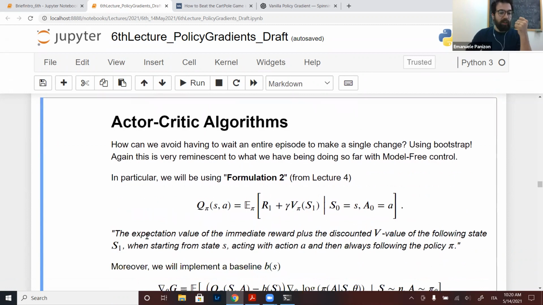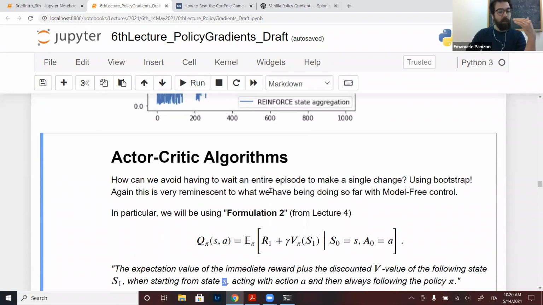Essentially, the expectation value of Q is just the immediate reward plus the discounted V value of the following state, when I start from a state and act following the policy. So for actor-critic, we need to estimate the quality. We will need some way to store, approximate and estimate also the value at the next state, and the information we have at a given time on this value will be bootstrapped into the information we need.